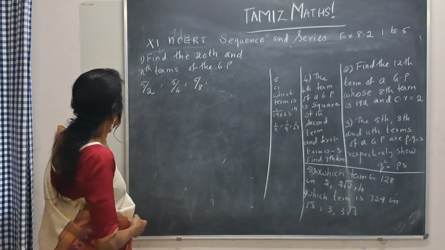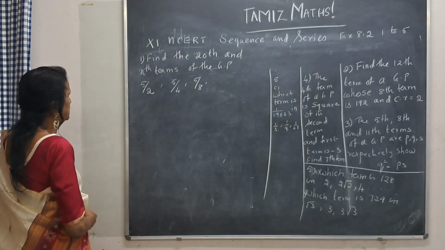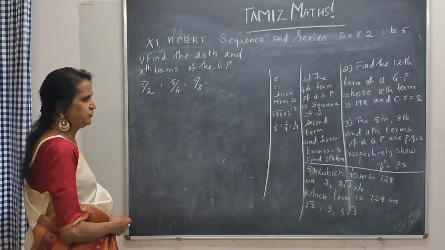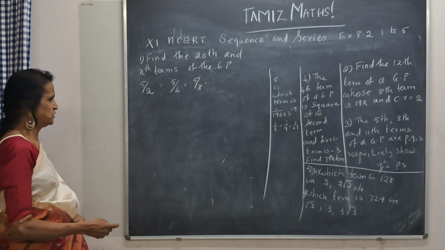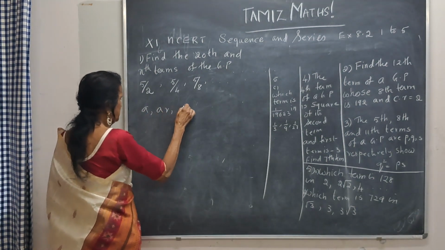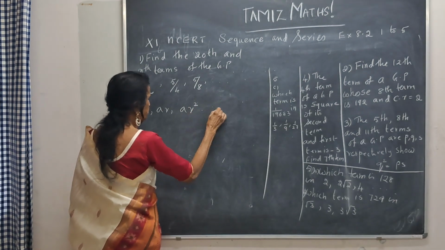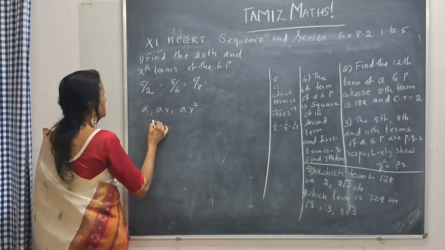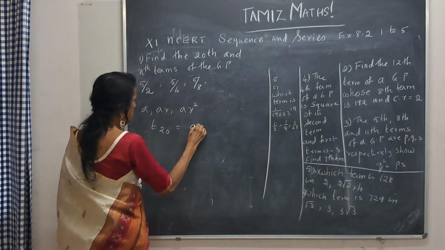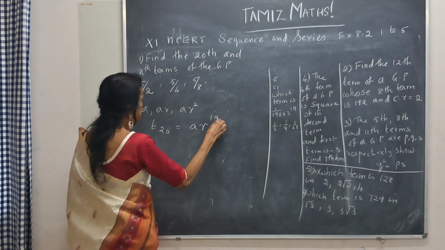Problem 1. Find the 20th and the nth term of the GP 5 by 2, 5 by 4, 5 by 8 and so on. Now if I have a general GP, a, ar, ar square, in this T20 will be ar power 19.